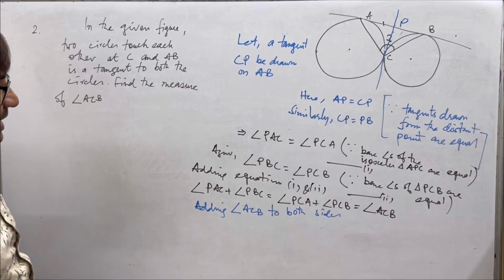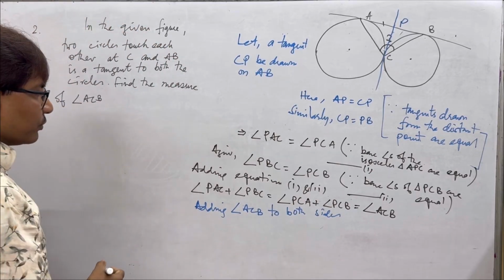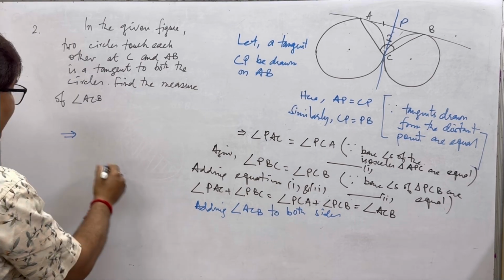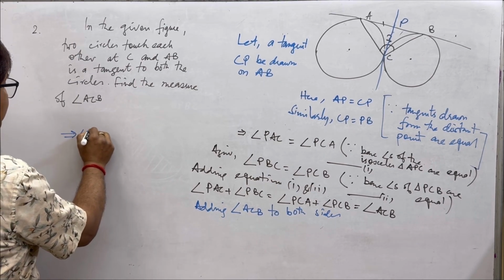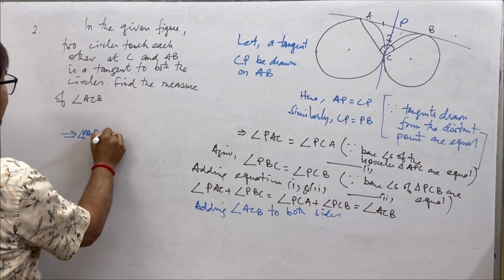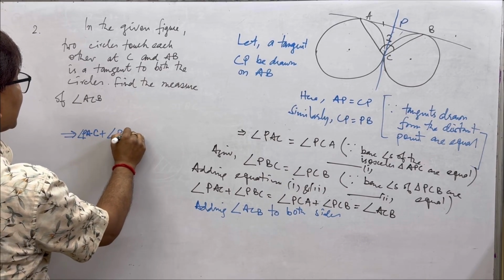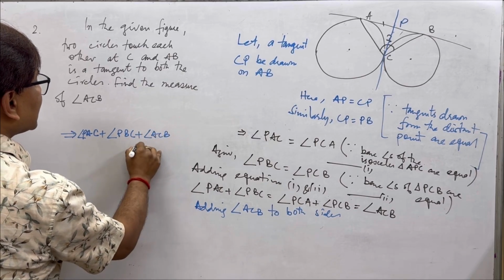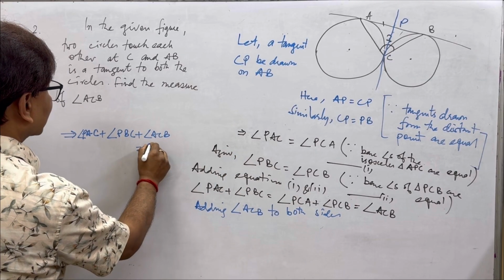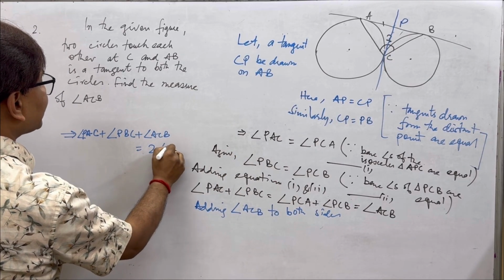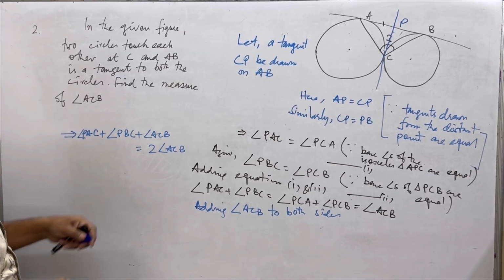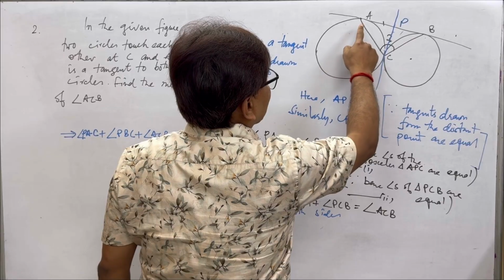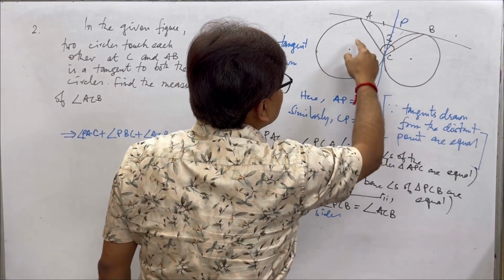So we can write angle PAC plus angle PBC plus angle ACB equals angle ACB plus angle ACB, that is twice angle ACB. And here follow this triangle ACB: angle CAB plus angle ABC plus angle BCA equals 180 degree.